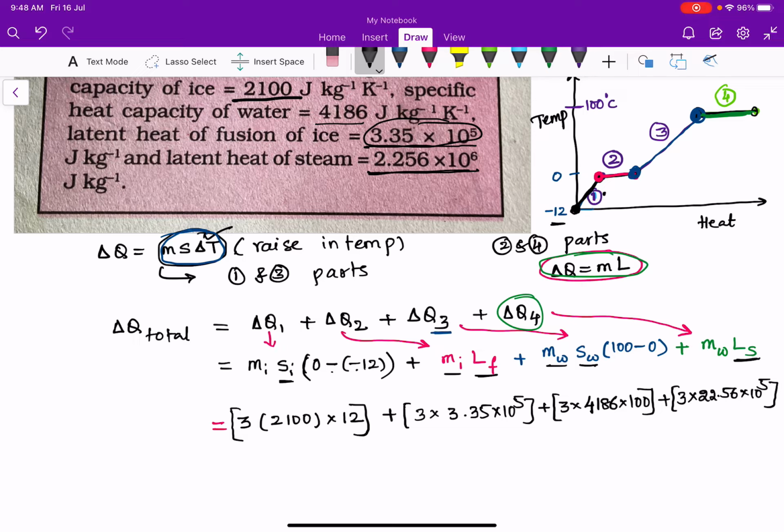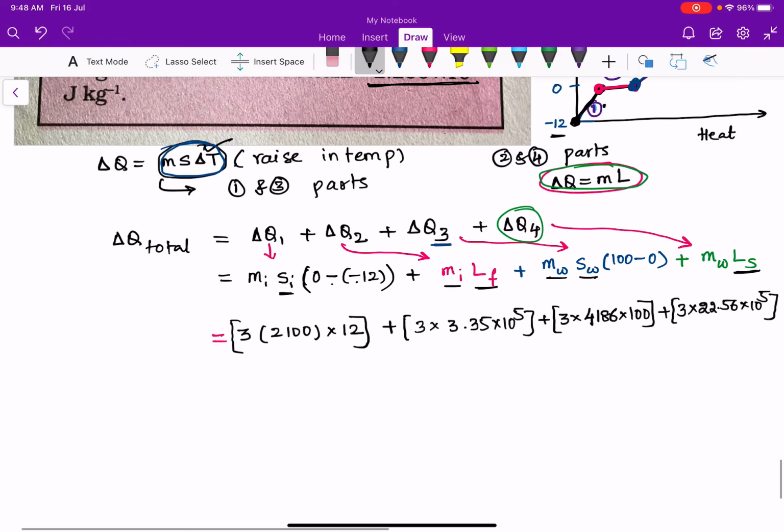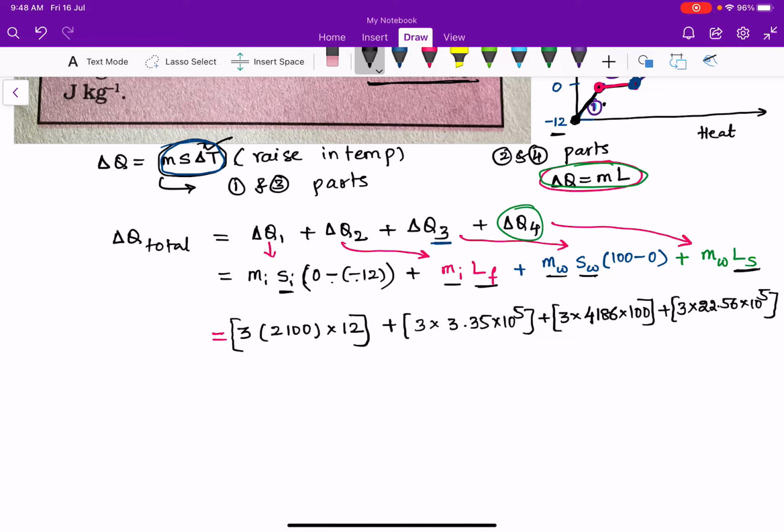So now by solving this, you will get delta Q total. Solve this using a calculator. You will get the final answer. It will turn out as 9.1 into 10 to the power of 6 joules. This is the amount of heat energy required in this case.